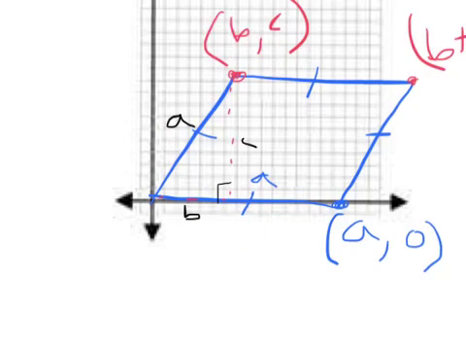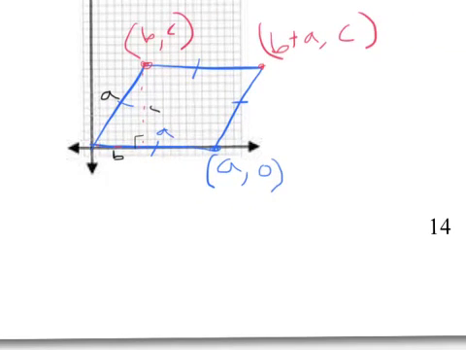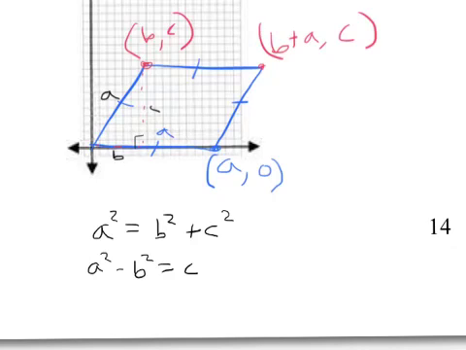So let's try and do something for C, okay? Let's try and solve for C. This is just something fun we can do. We could say that A squared in this situation would have to equal B squared plus C squared. And if we wanted to solve for C, we would say A squared minus B squared equals C squared.